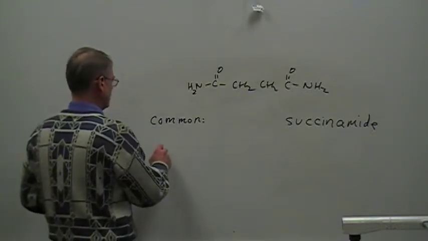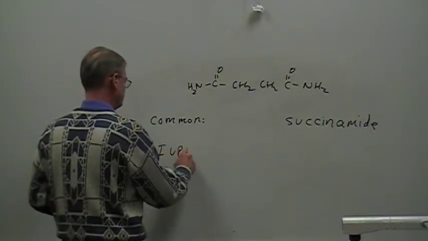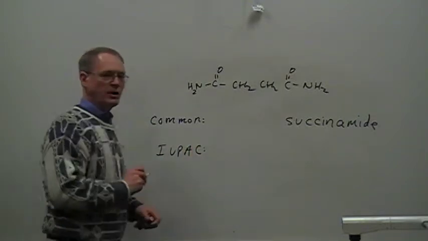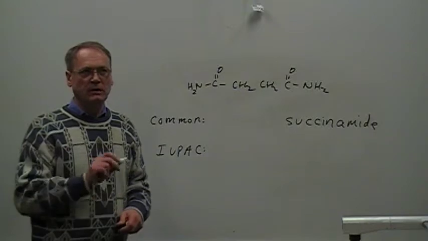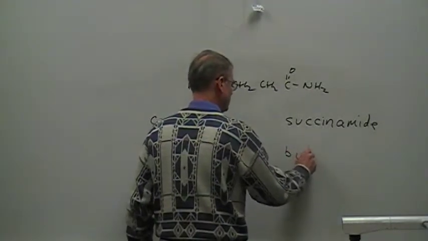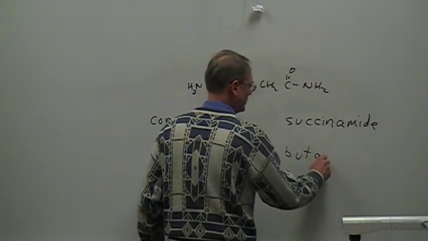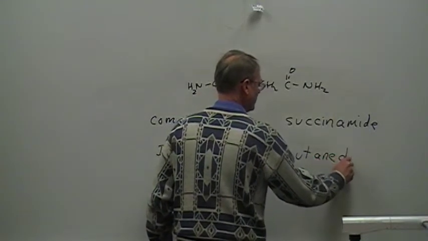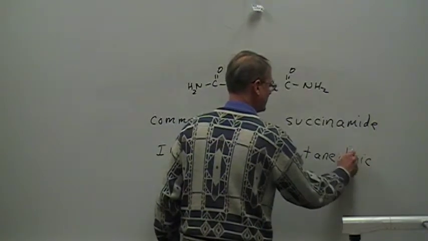What's its IUPAC name going to be? What's the name of the dicarboxylic acid it's derived from? 4 carbons, so that's butanoic acid. Don't remember how we handled dicarboxylic acids.